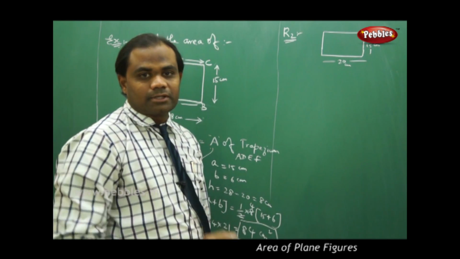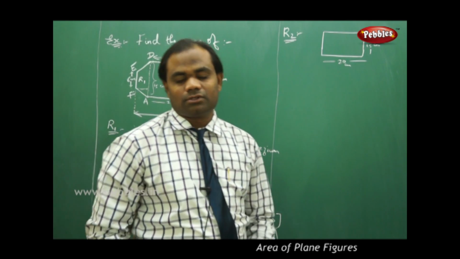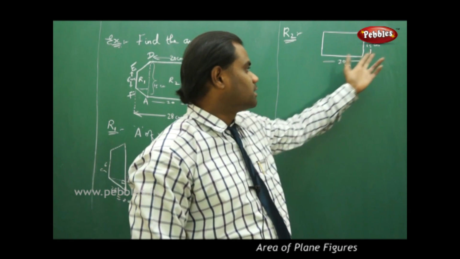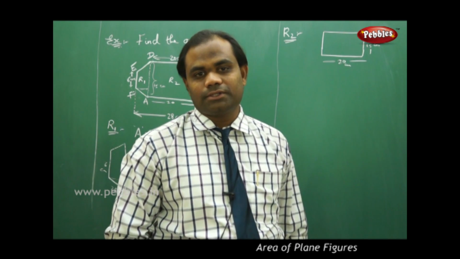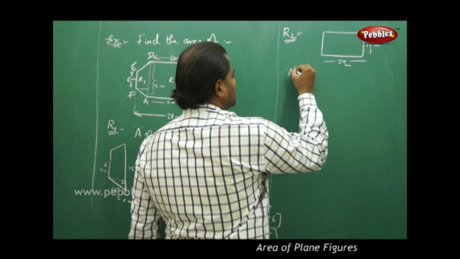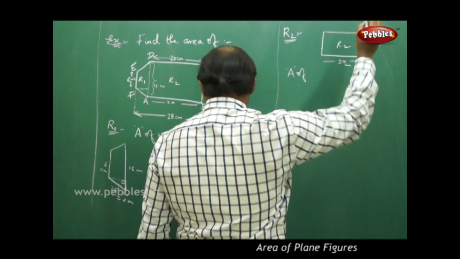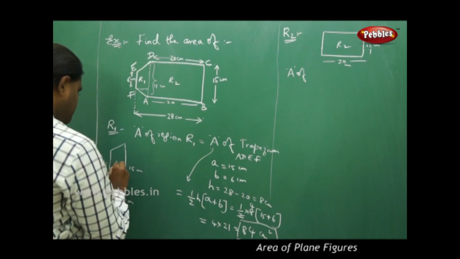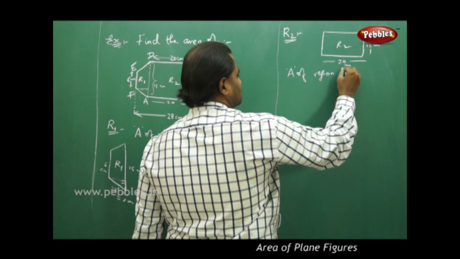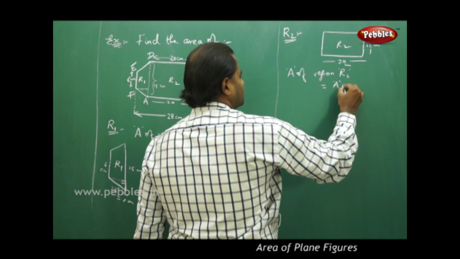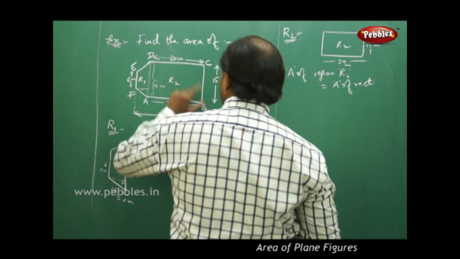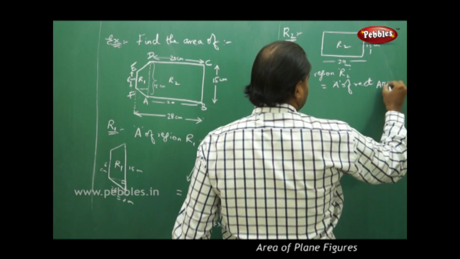The area of region R2 is the area of rectangle ABCD, identified in the diagram.